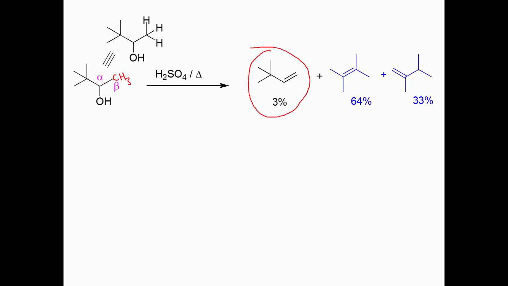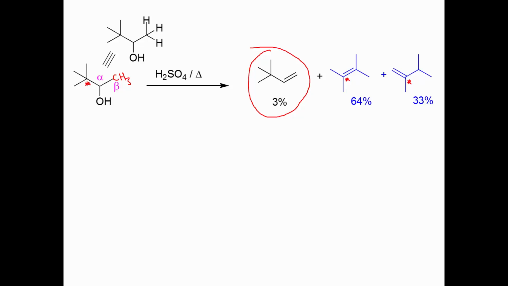If we look at this carbon, I'm going to put an asterisk on it. There are 3 methyl groups there. Now this carbon corresponds to it in the other 2 products, but you see there are only either 2 methyl groups or a methyl group and an alkene. Okay?